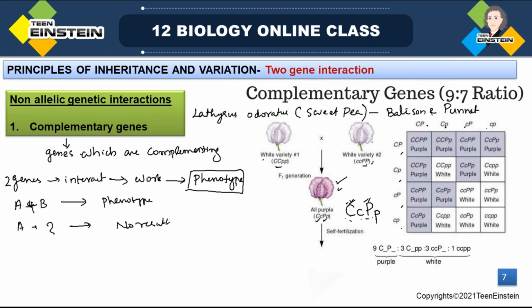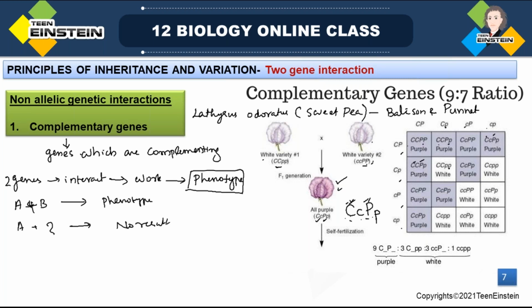Already we said that if both dominant alleles are present, that forms the purple color flower. So here in the first combination you can see both dominant alleles are present, so that forms purple. Here also both dominant alleles are present. This is also purple. Here also both dominant. Here also both dominant. And in this combination, both dominant C and P.